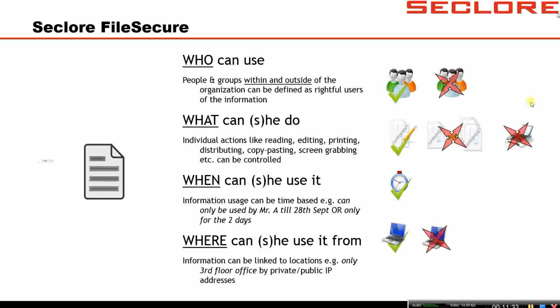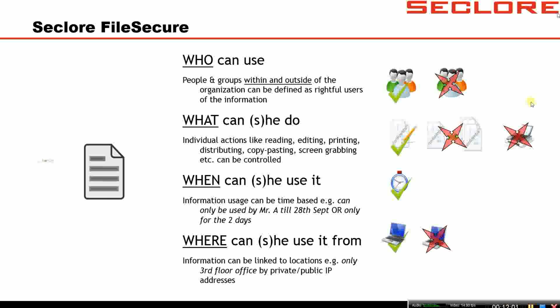But as soon as that relationship ends, not only is it critical to not send any more information to that enterprise, it's also critical that all the information that has been sent already should be remotely destroyed if possible. So how long can each of these entities or people use this information? And the last is, from where? From where can this information be used? Like devices, trusted networks, and so on.